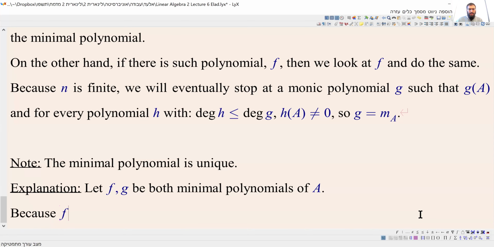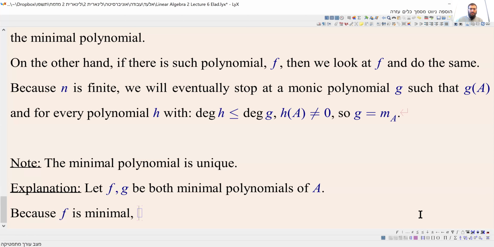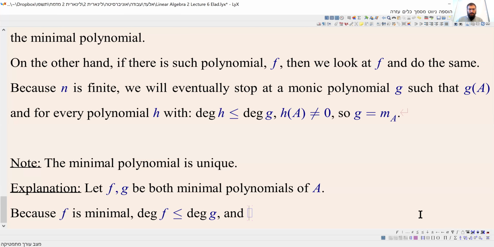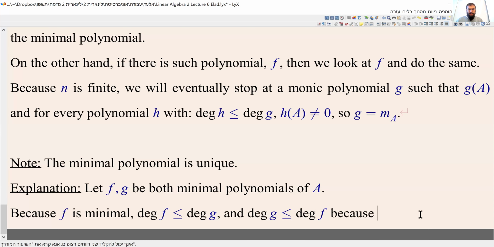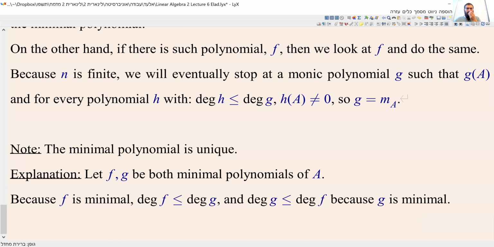Because f is minimal, the degree of f is smaller than or equal to the degree of g, and the degree of g is less than or equal to the degree of f because g is minimal. So they have the same degree.